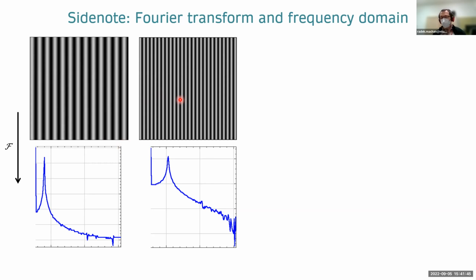This might sound like a complicated operation, and it is a non-trivial mathematical operation analytically, but luckily it can be calculated very efficiently numerically. In a lot of software packages, including Fiji, you have a function called fast Fourier transform, which is indeed very fast. You don't need any powerful computer to calculate Fourier transforms of even large images.